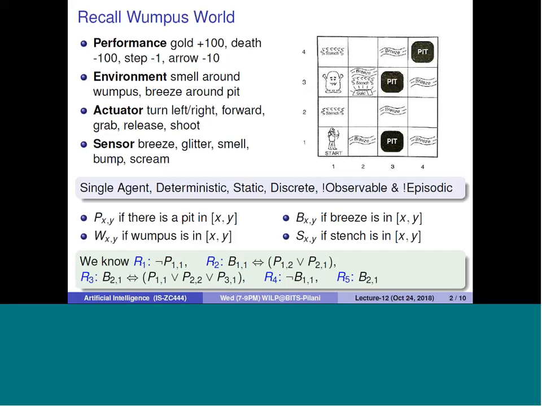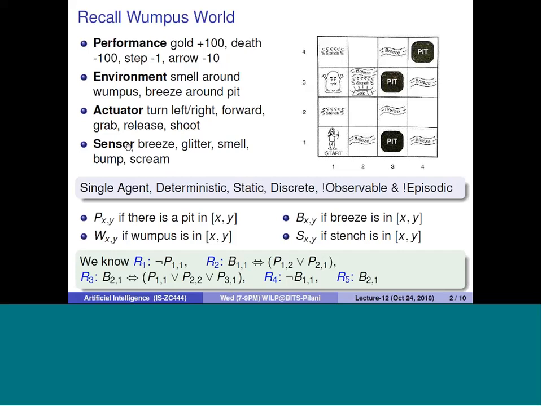You are standing in one of the places, and you have some percepts, meaning you can sense whether there is a breeze, glitter, smell, bump or scream. These things you can measure.